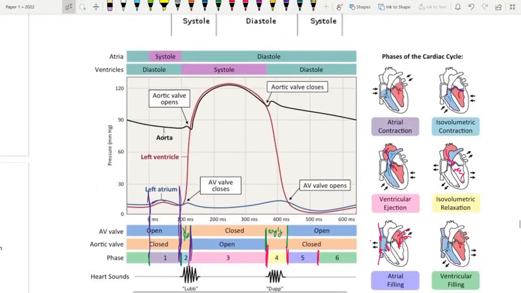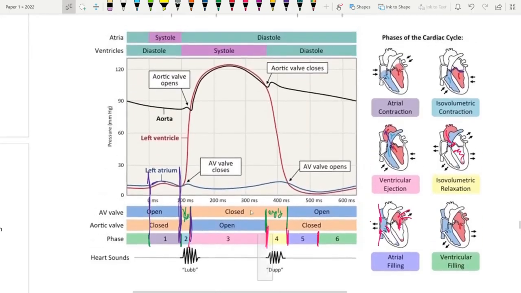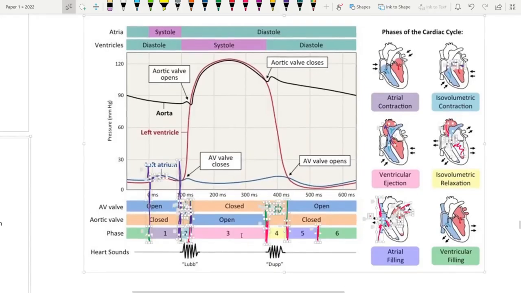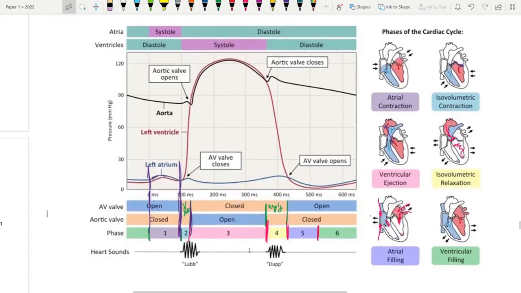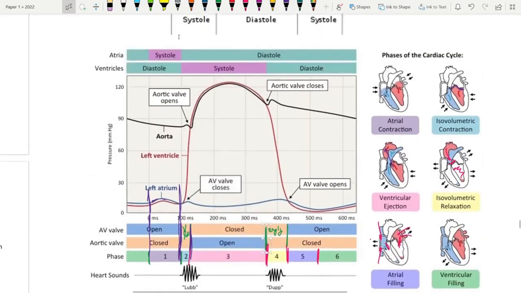So that's all, guys. So this is the time span for the atrial systole, and this is the time span for the ventricular systole over here. Okay, it happens right after the atrial systole until, basically, wait, let me show you.